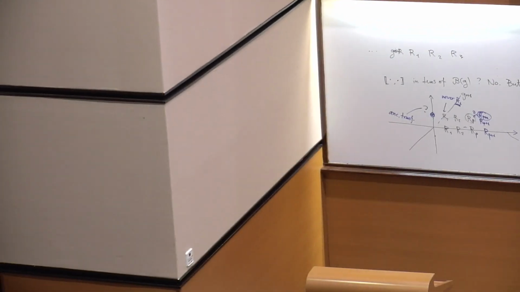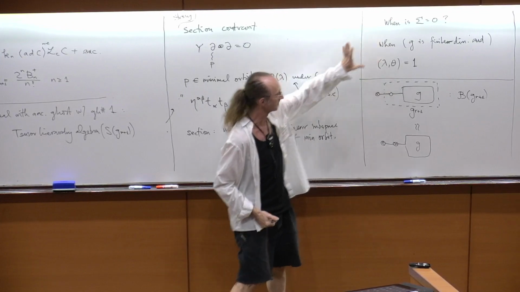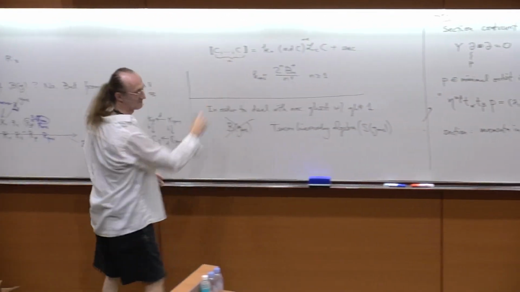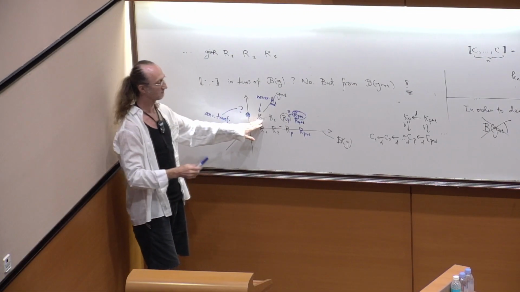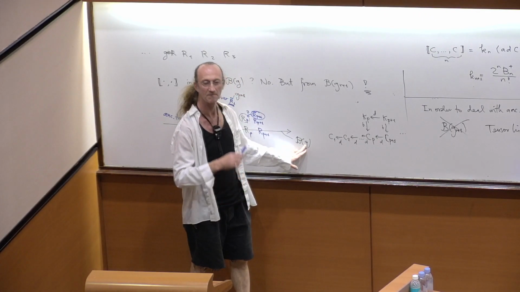And that's a good sign. So this is work in progress. We're on the way to patch up the calculation with the L-infinity algebra with this, at least for finite dimensional Lie groups.